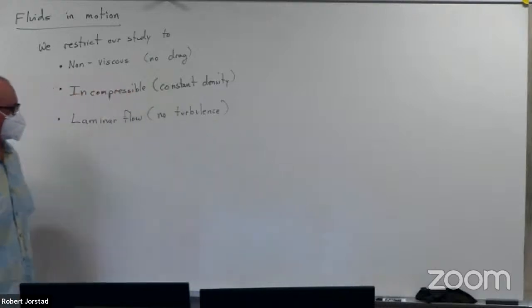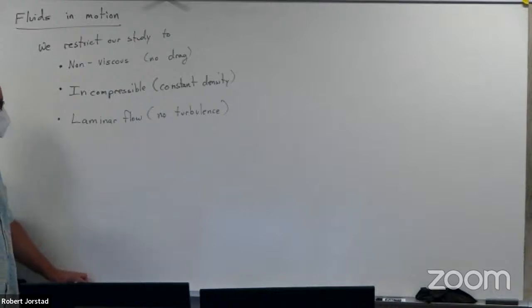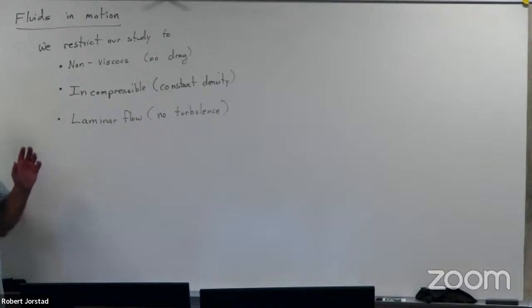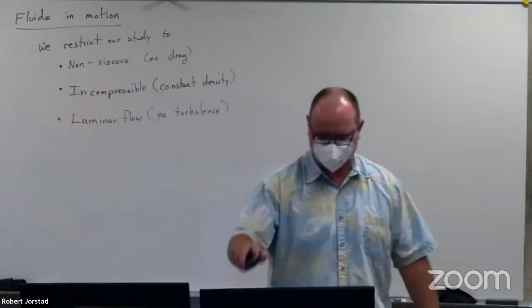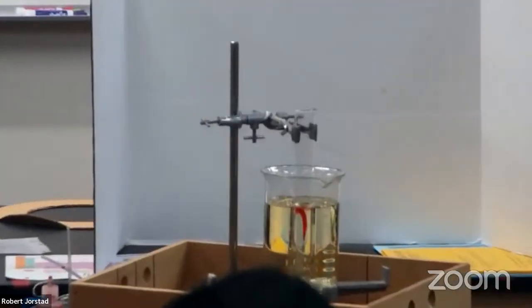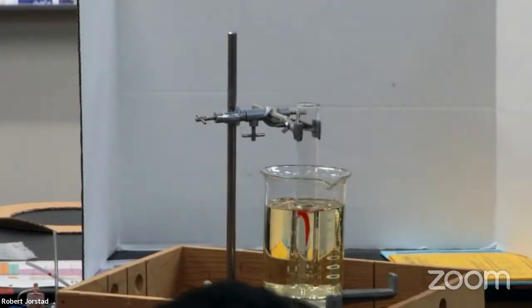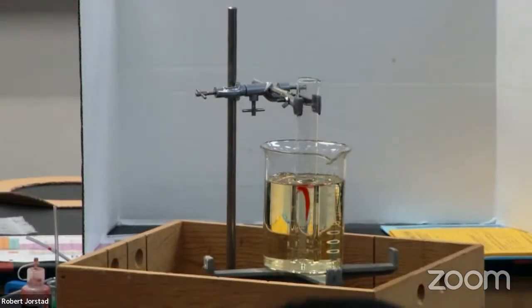Now, just to show you how strange laminar flow is and how not used to it you are, I've got this demonstration up here at the front, and that's where I want to go to. So you may actually want to take a look. Let's take a look at it.